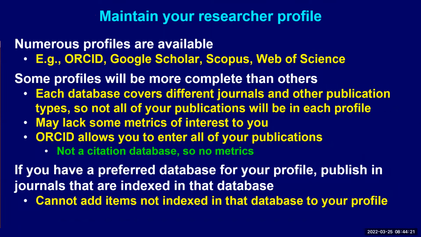You're likely going to need to use multiple profiles to track everything. However, in ORCID, you can enter all of your publications, but ORCID doesn't provide citation metrics. So you're going to have to use other sources for any metrics that you want to track.